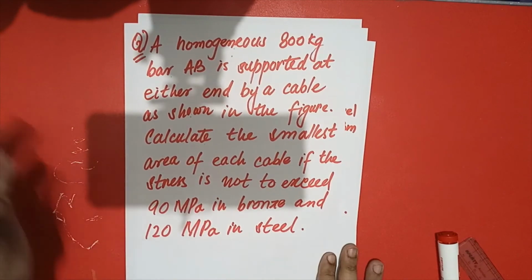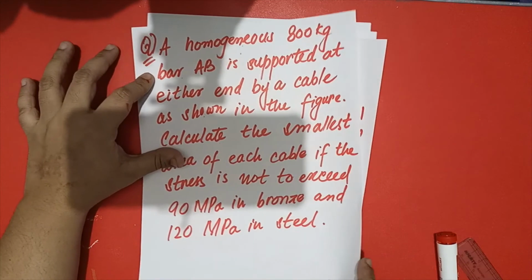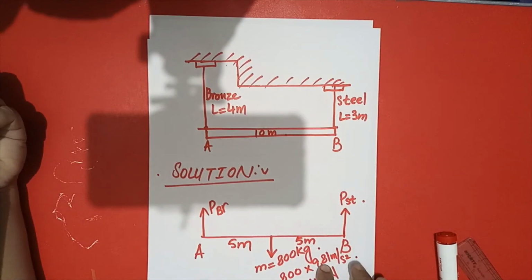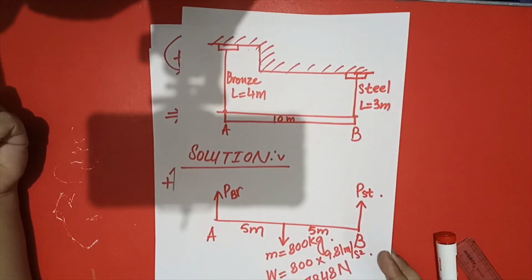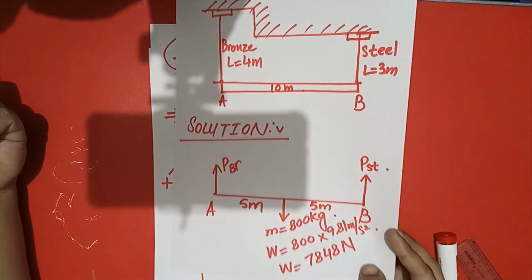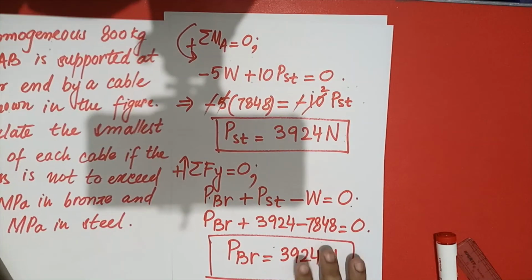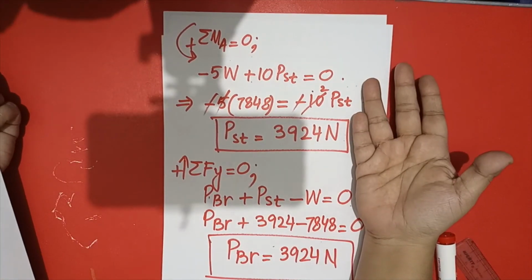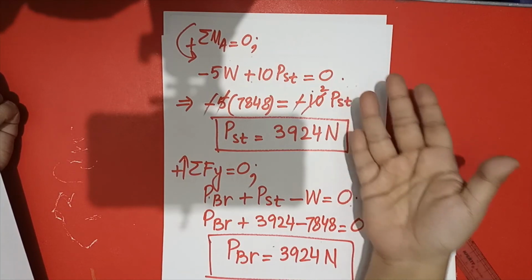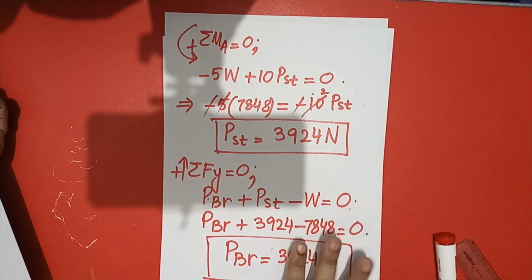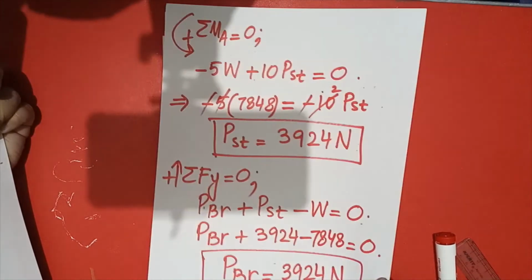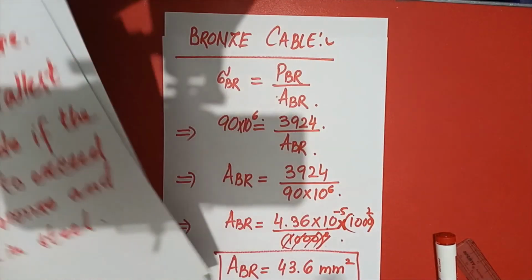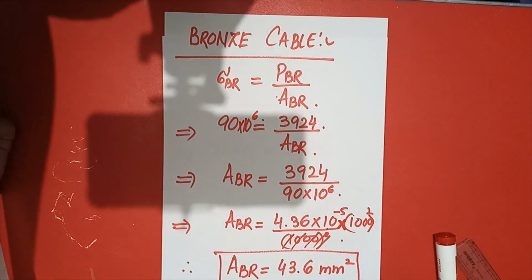At the first step, we made the free body diagram, and we converted the mass into Newton, because when weight is acting downward, it should be converted into Newton, so it will not be mass. Then we made the free body diagram, and after that we summed up the moment at A, then we summed up vertical forces, so we get the value of PST and PBR, you can say tensions in both the bronze cable and steel cable.